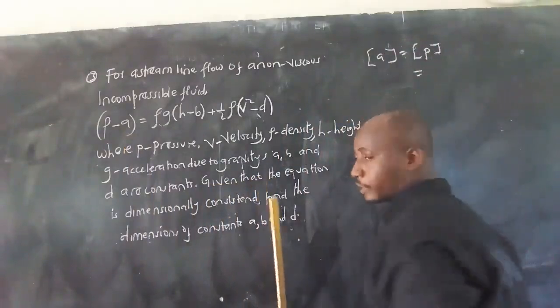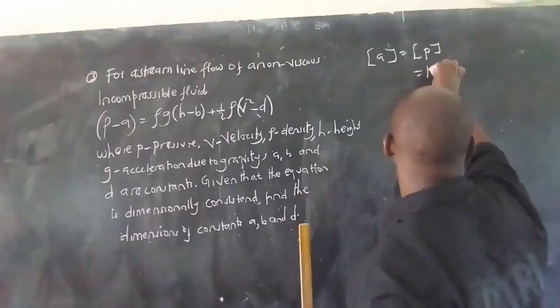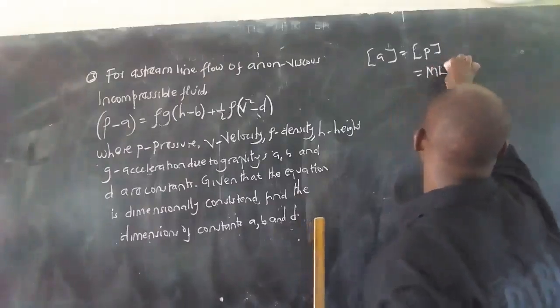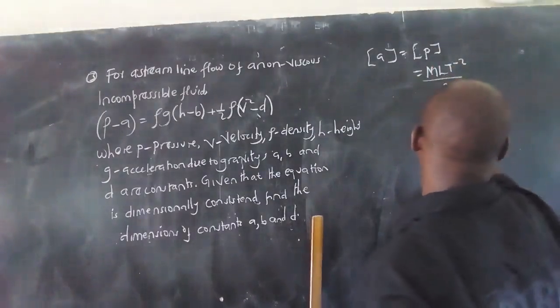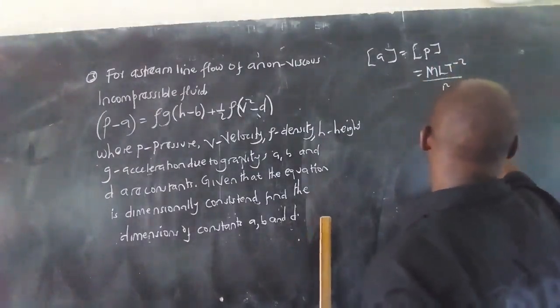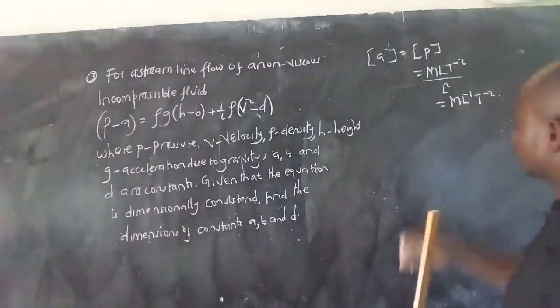Pressure is force over area. Force is M L T negative 2, divided by area, which is L squared, giving us M L negative 1 T negative 2.